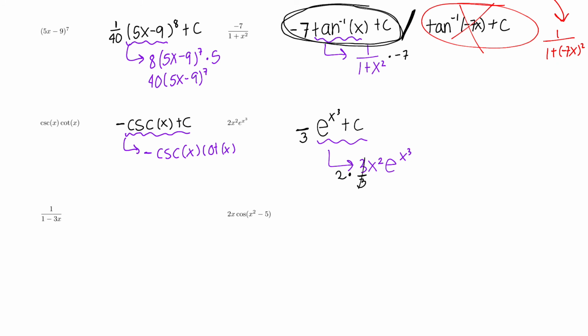So these 3's would cancel, and then you would have that 2 out in front. Do you see how the construction of these kind of works? It's kind of fun, right? It's kind of fun, just thinking backwards and thinking about what would need to happen.